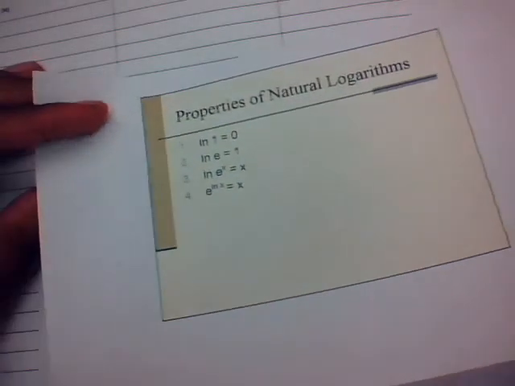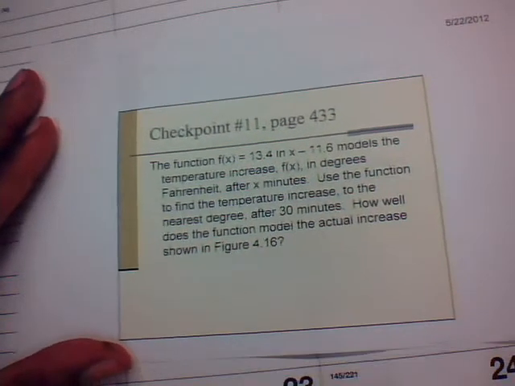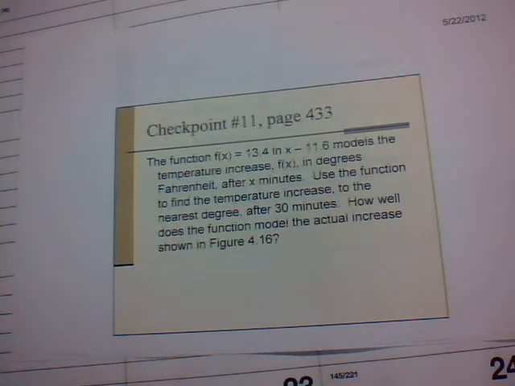Okay, now let's look at an application of those natural logarithmic properties, like in checkpoint number 11. Well, in this particular problem, we have the function f of x is equal to 13.4 times the ln of x minus 11.6. This function models the temperature increase, which is f of x in degrees Fahrenheit after x minutes.